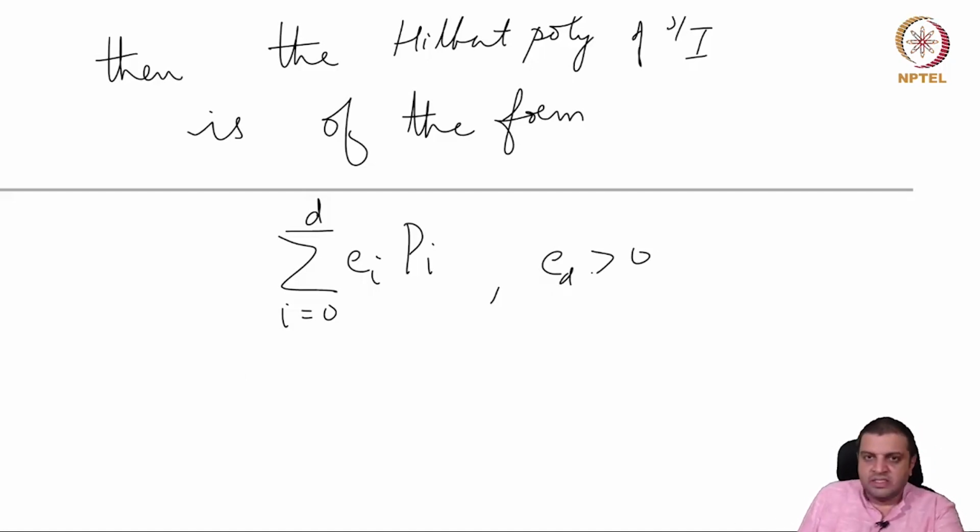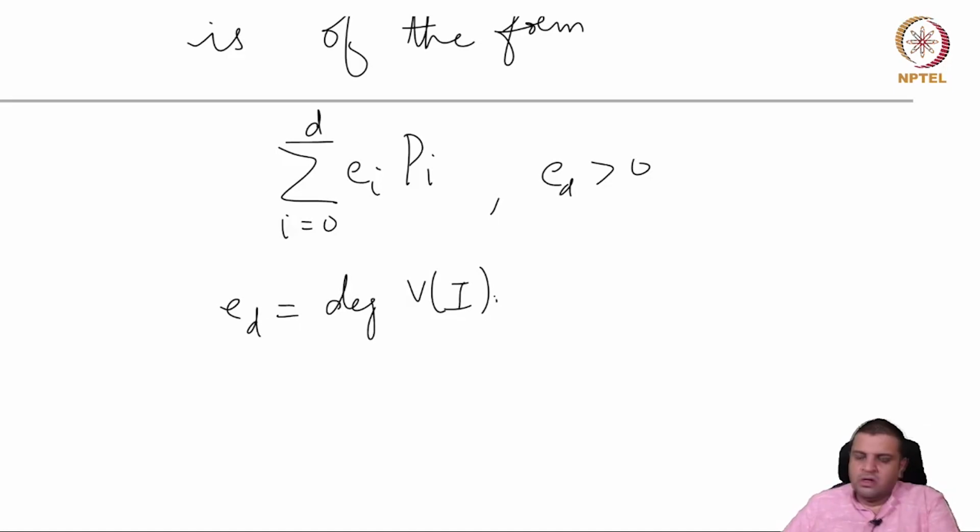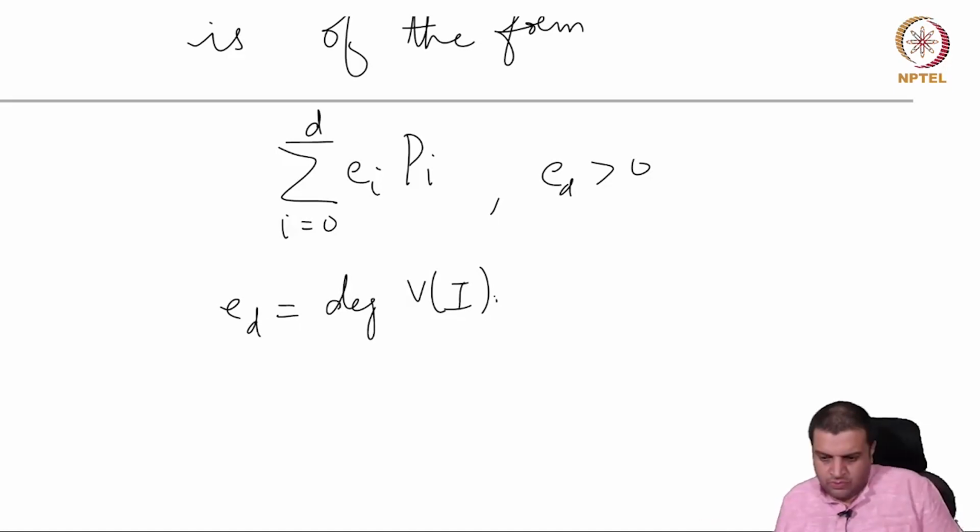These are integers, and so e_D is the degree of V of I. Just a remark that you should be familiar with.